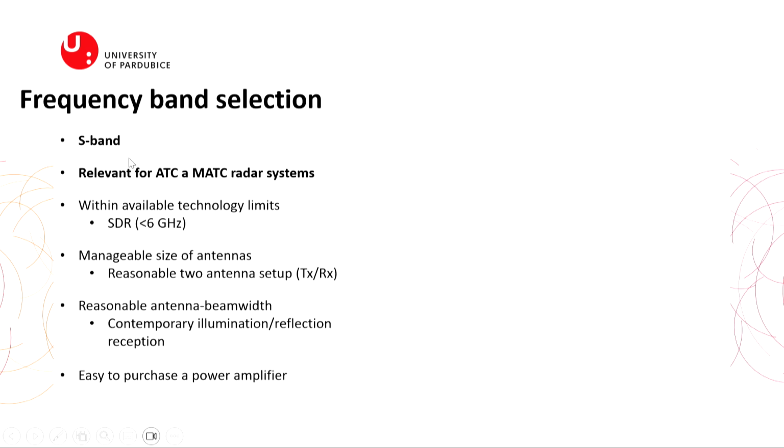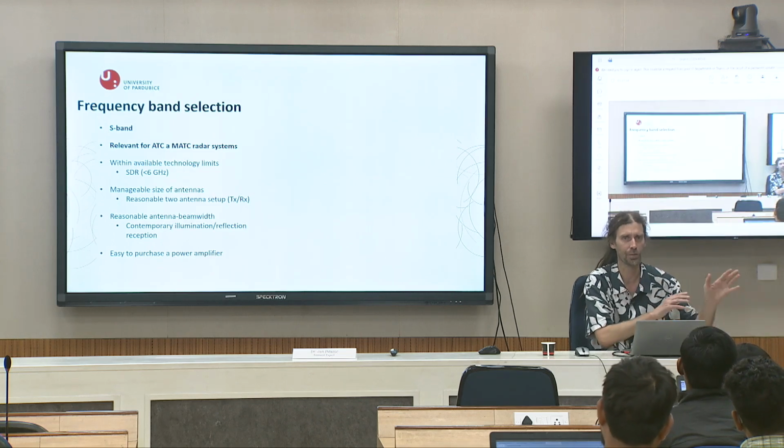Due to S-band, the size of the antenna is reasonably small, and we could use a two-antenna setup, with one dish 1.2 meters. If you use another band, the antenna can grow in size, and it will be harder to design, and you always need to transfer this antenna to the measurement place, so be careful about this.